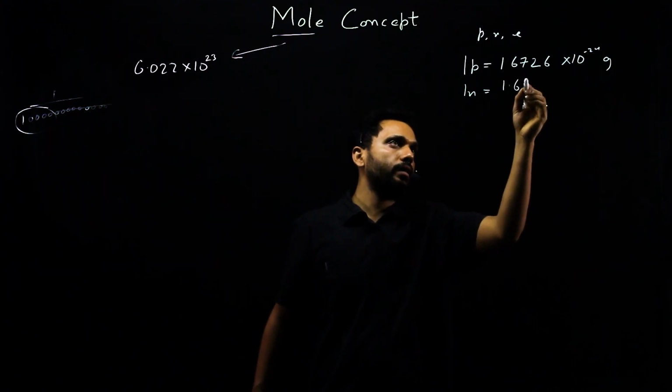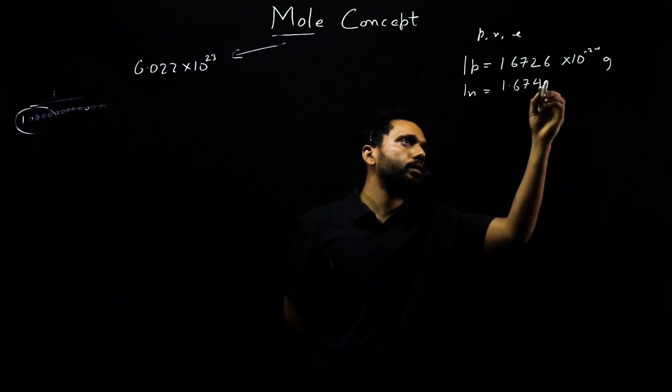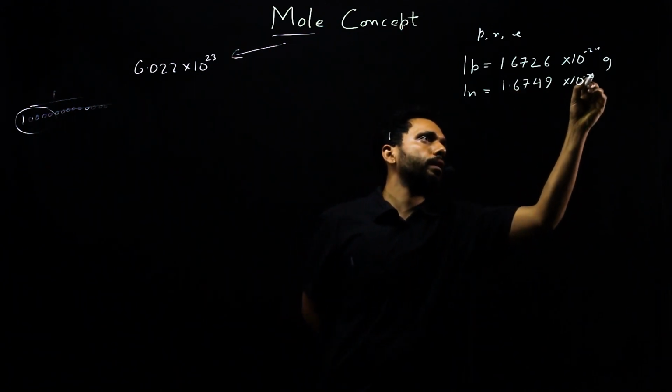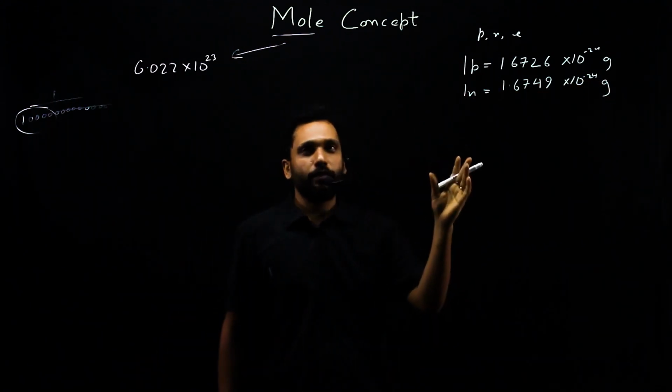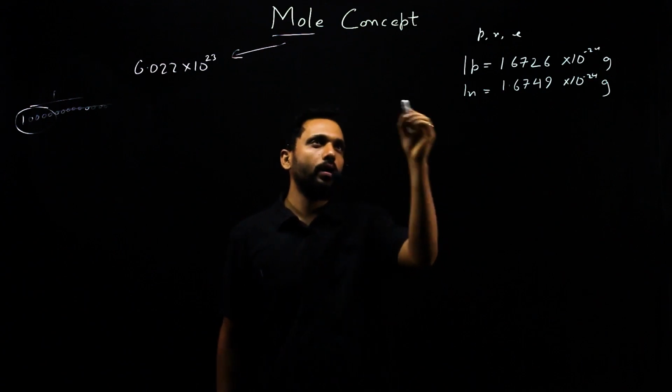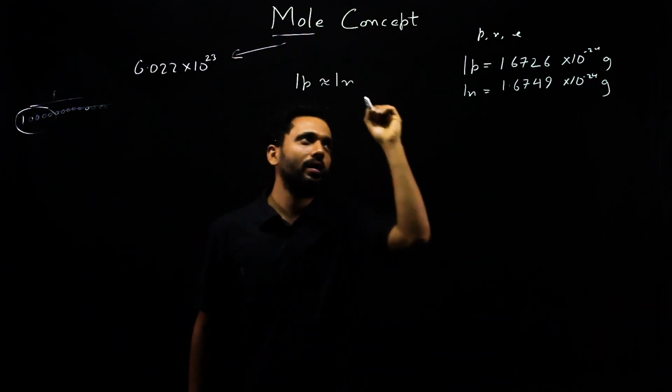It's not exactly the addition of a proton weight and an electron weight, so I'm not going into that today. So effectively for our calculations, we'll take one proton weight almost equal to one neutron weight.